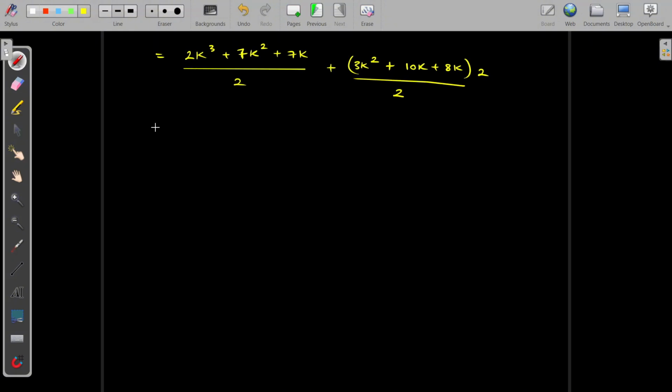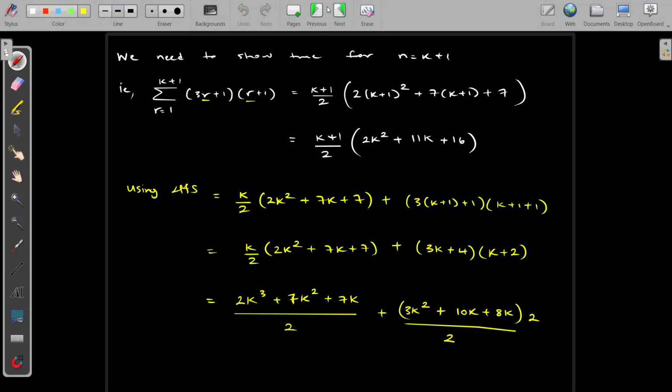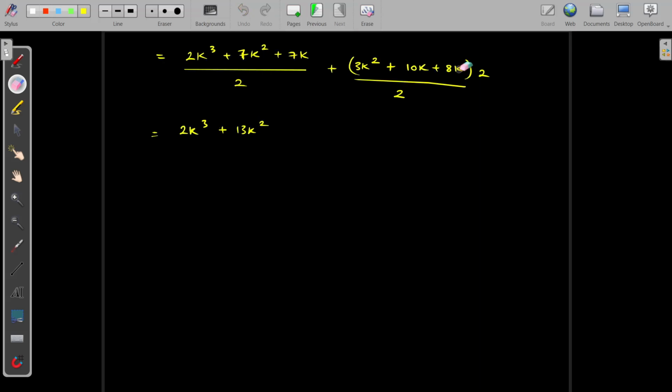Alright, so now simplify further. We have 2k cubed plus 7k squared plus 6k, that's 13k squared. 7k plus 20k, that's 27k and 16, all over 2.